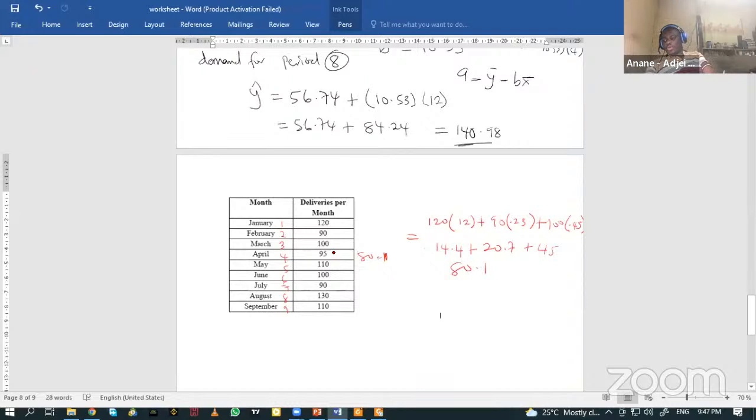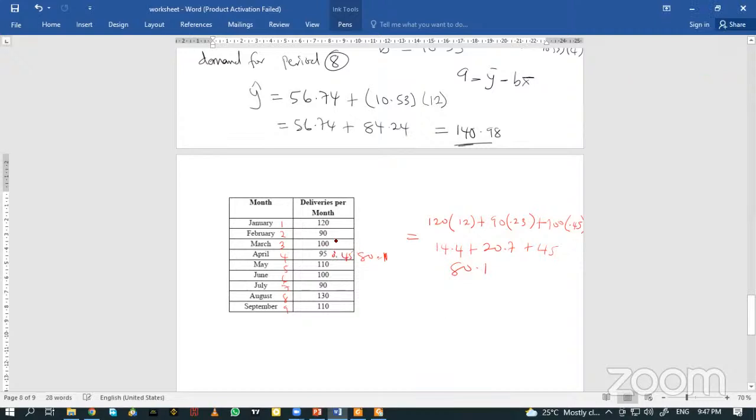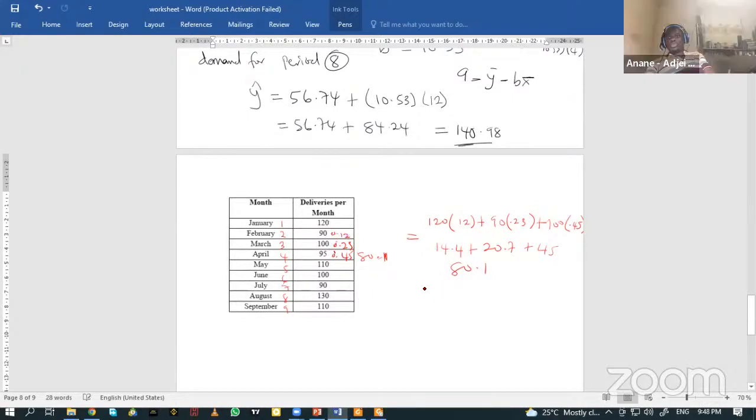So April will now get the 0.45, this one will get the 0.23, and this one will get the 0.12. So you go back and do the same computation.